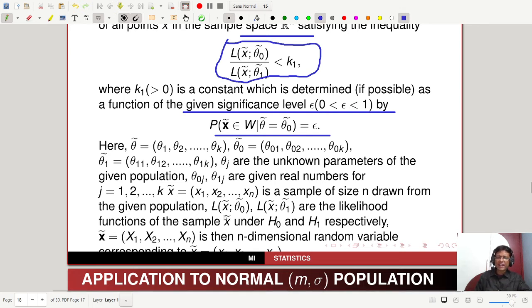And L is a likelihood function under the null hypothesis H0 and the alternative hypothesis H1. The next one is under the alternative hypothesis. And bold x tilde is an n-tuple of random variables x1, x2, ..., xn corresponding to the sample point.